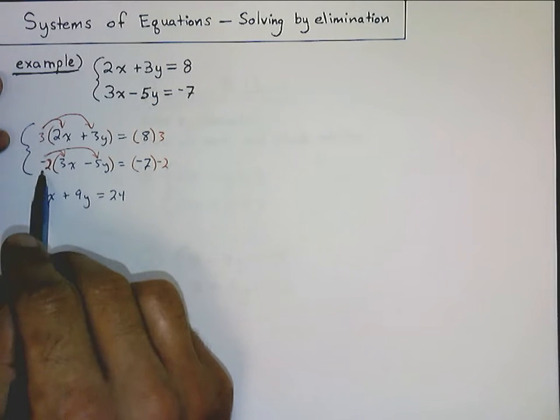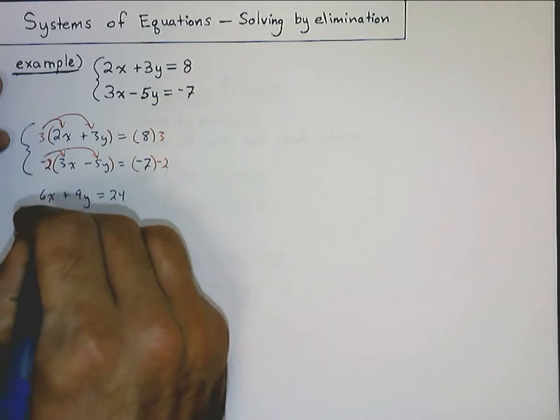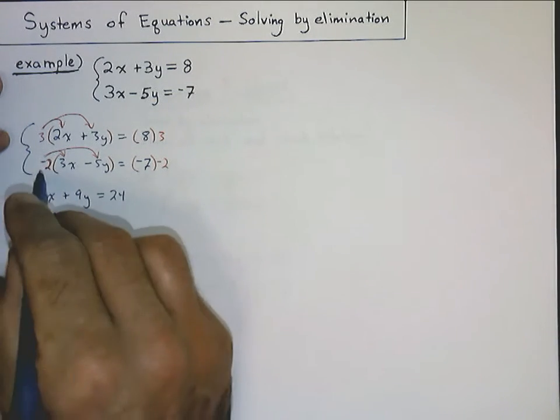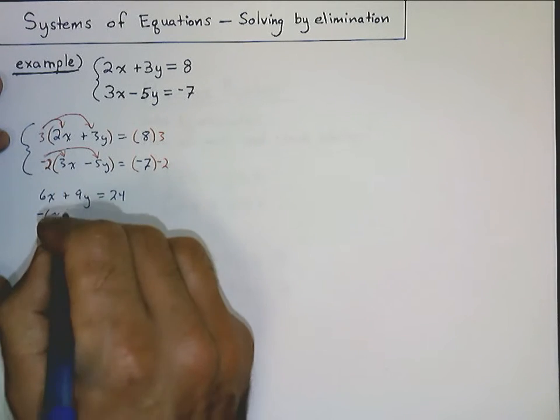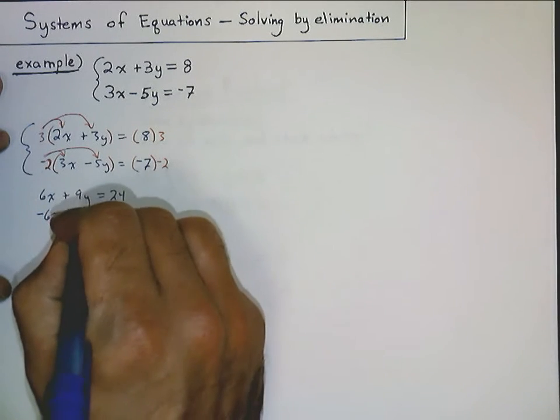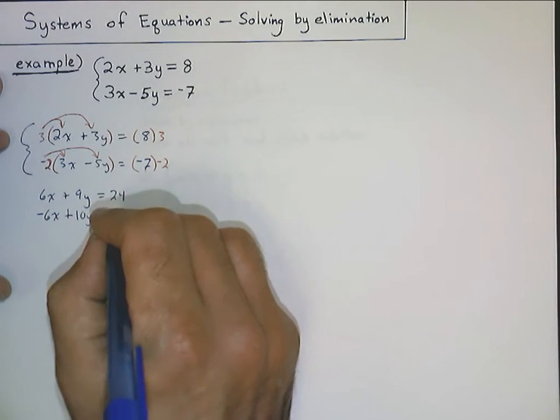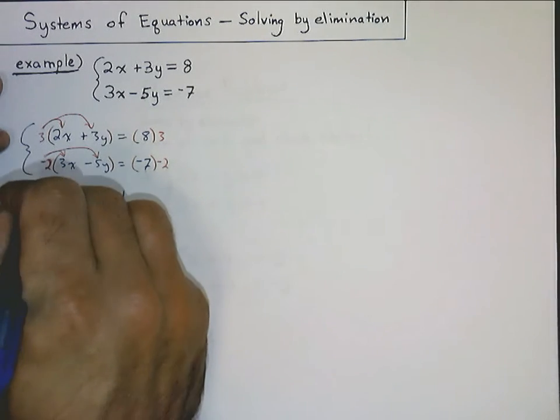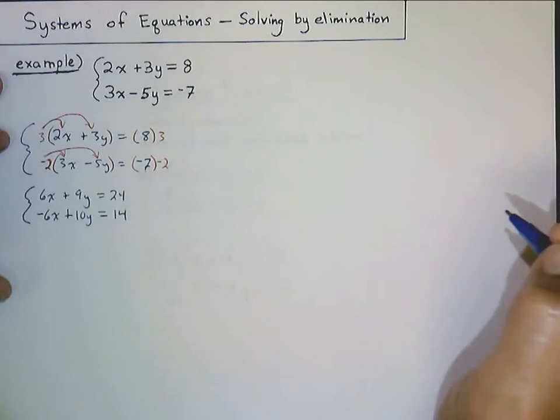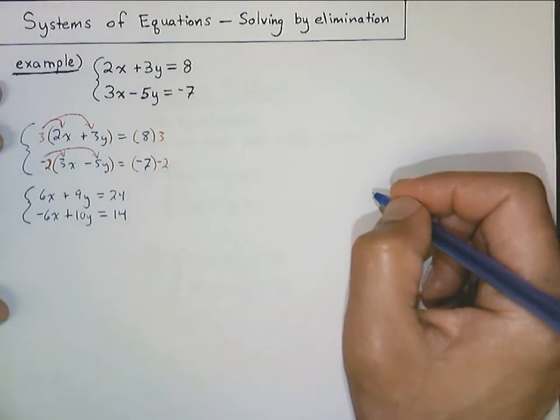The second equation, negative 2 times 3x is negative 6x. Negative 2 times negative 5y, that's going to be a 10y. And negative 7 times negative 2 would be 14. So there's our system rewritten now.